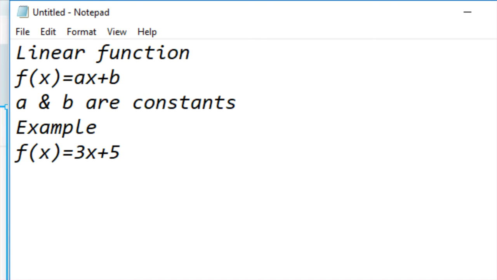Let us see how to solve a linear function.